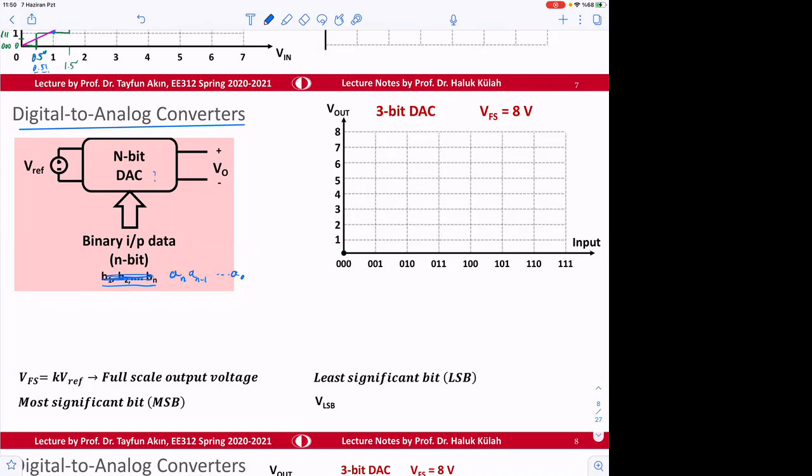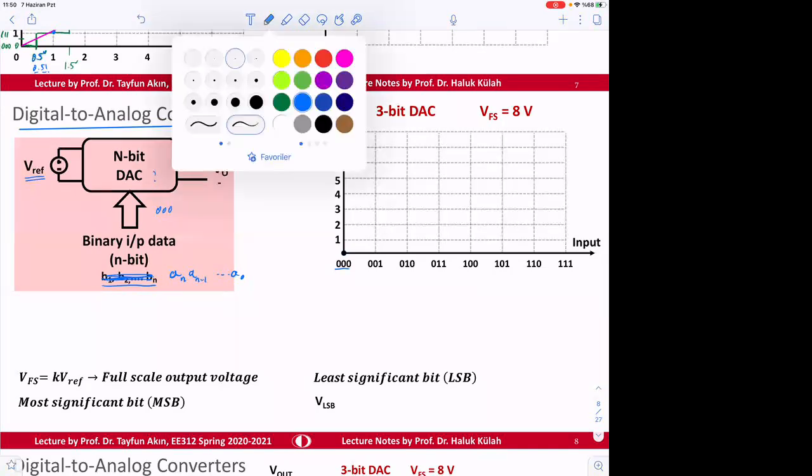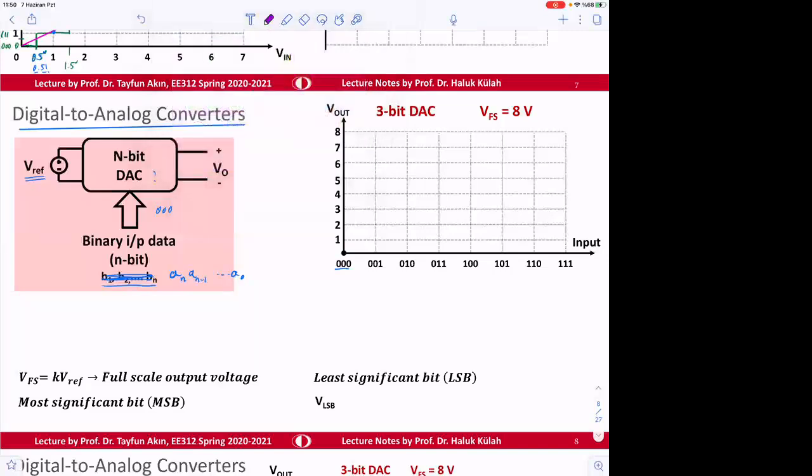If the input is 0, 0, 0, then there's going to be a reference voltage, and then an output is going to be generated. If the input is 0, 0, 0, the output is going to be 0.